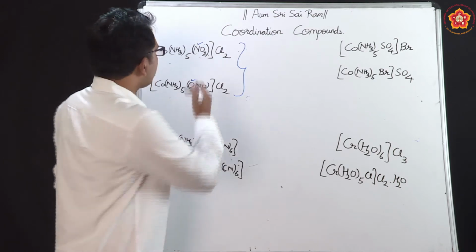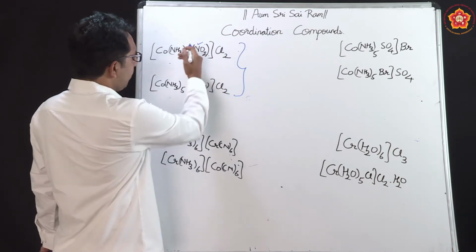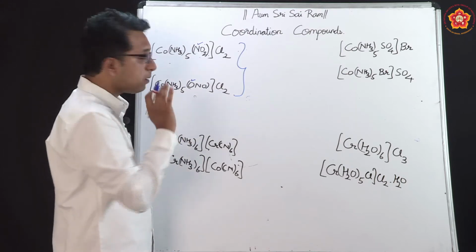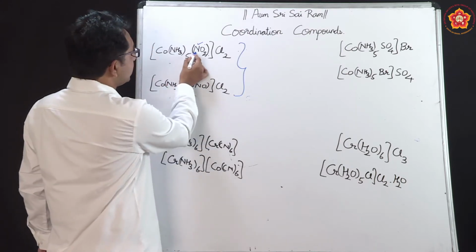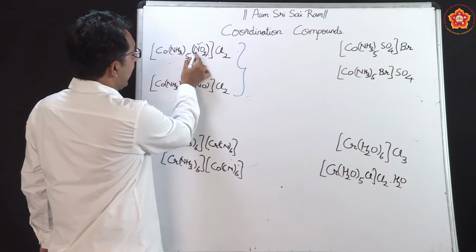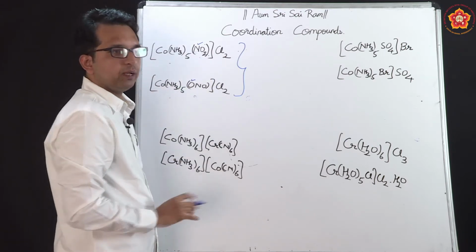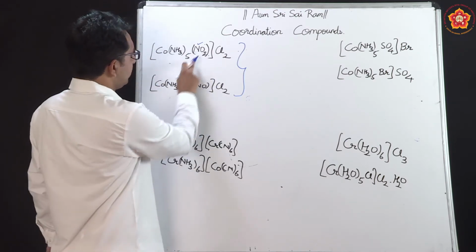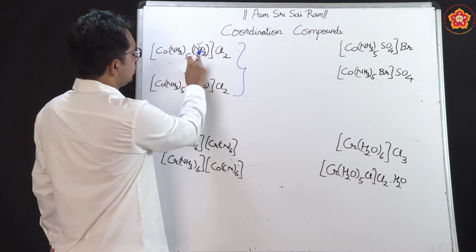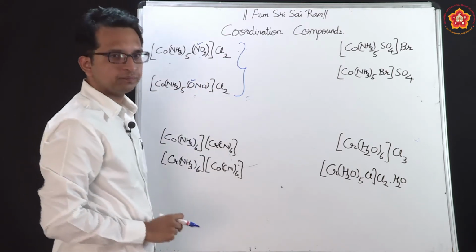So how do we define this isomerism? Compounds having the same molecular formula, but they differ in the attachment of the atom to the central metal ion. The central metal ion here is cobalt, whereas the atom here is nitrogen, and here it is oxygen.